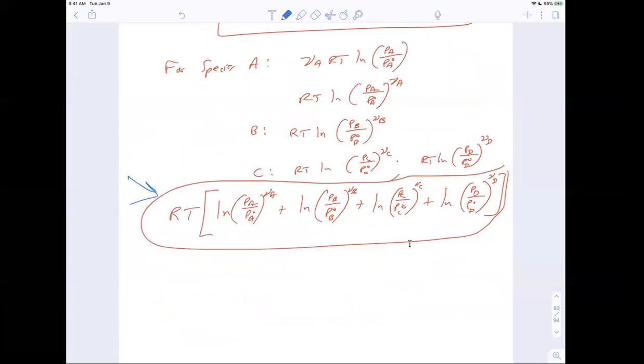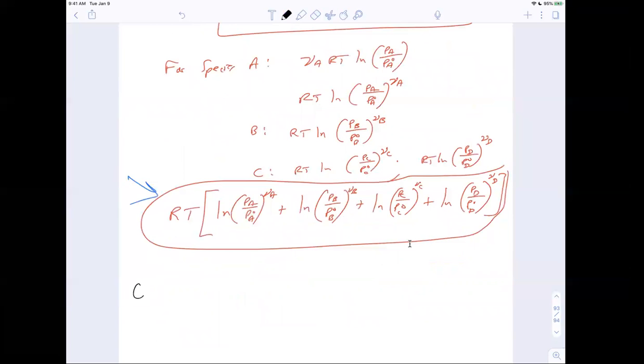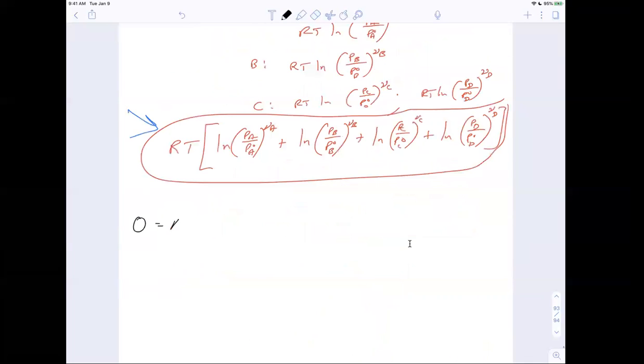So now we can put everything together. Our 0, this chemical equilibrium criterion, is equal to delta G superscript 0 plus RT times all of these natural logs. So what can we say when we have a summation of natural logs? You can combine them. That's right.